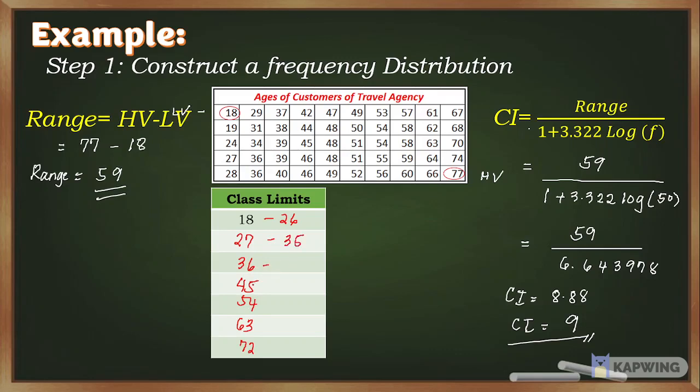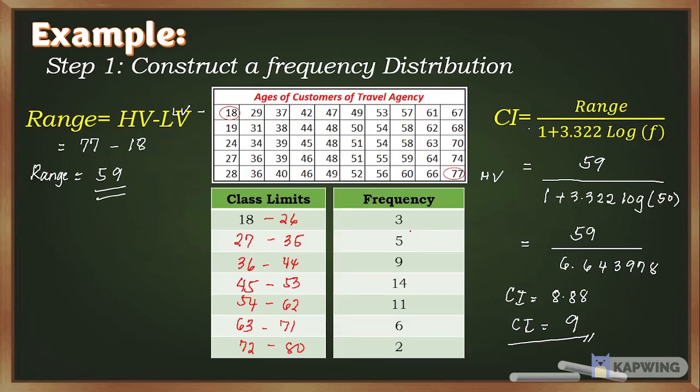Next, for 36, it is 44. Next, it is 53. Next is 62. Next is 71. And for this one, 72, since 9 minus 1, it is 80.